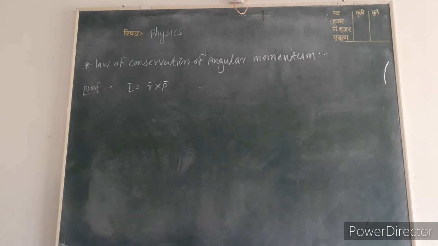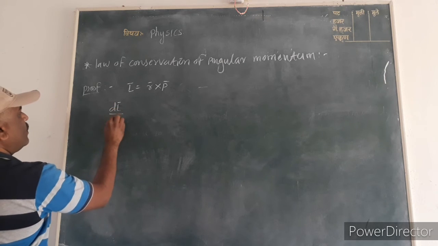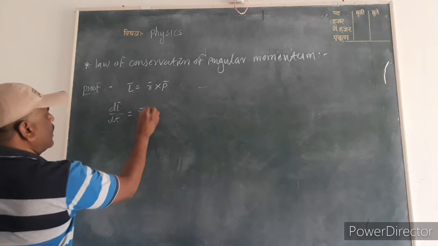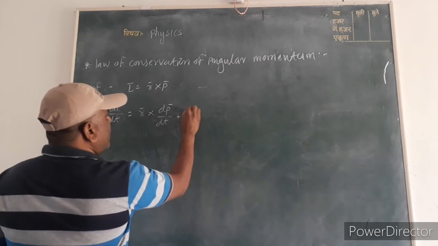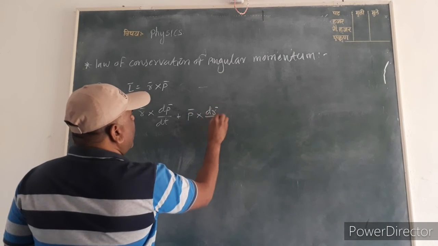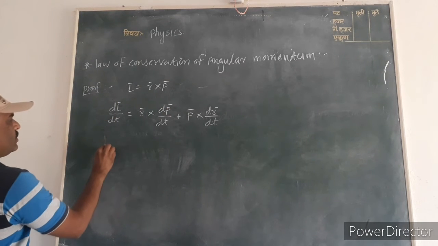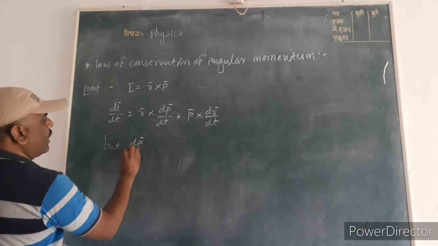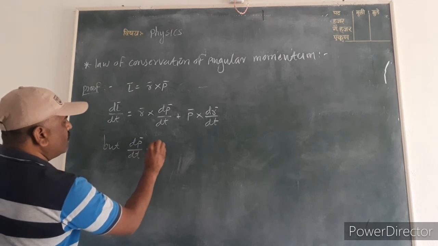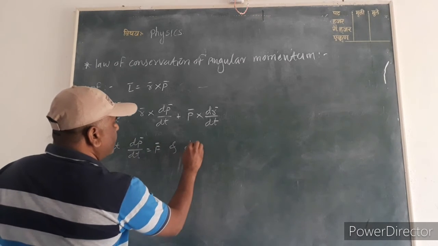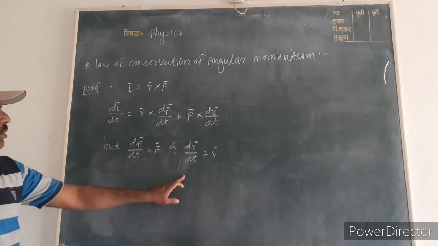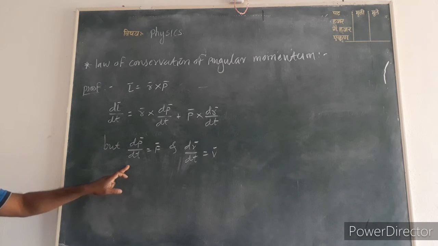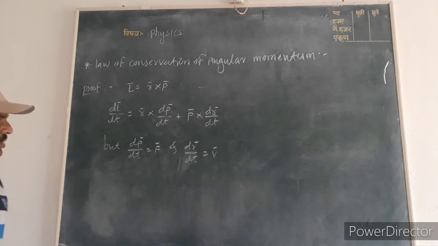Now we differentiate both sides, and we get dL upon dt is equal to r bar cross dp bar upon dt plus dr bar upon dt cross p bar. But dp bar upon dt is nothing but force, and dr bar upon dt is nothing but velocity, distance upon time.